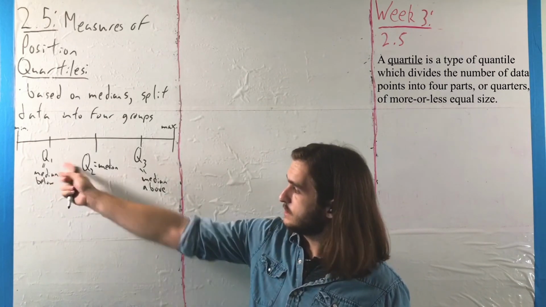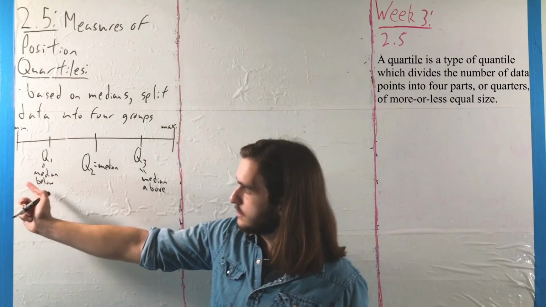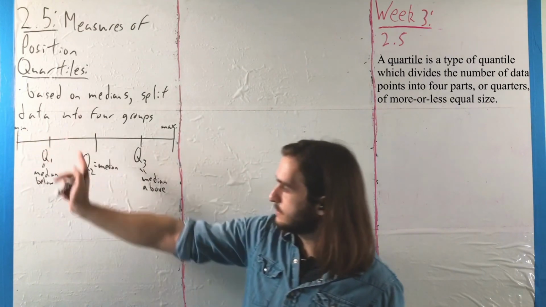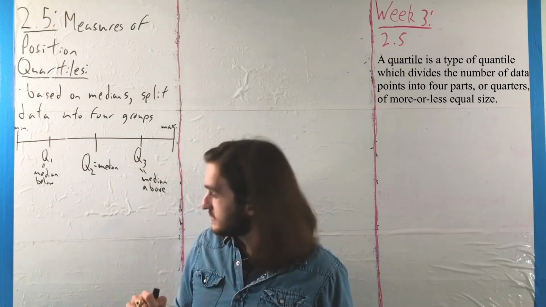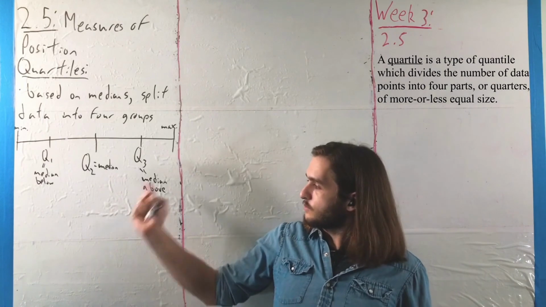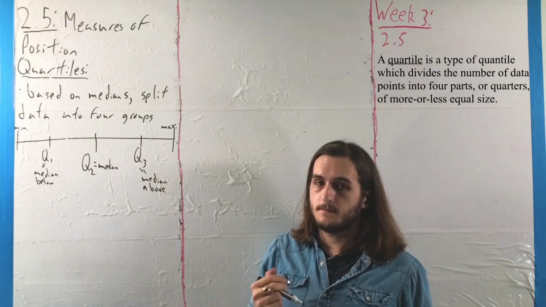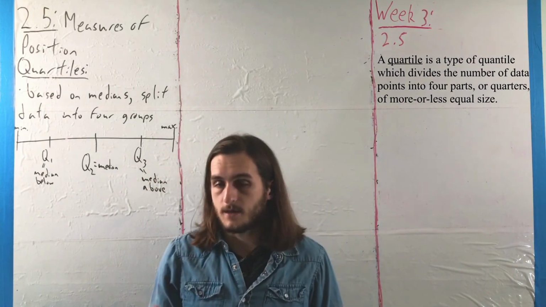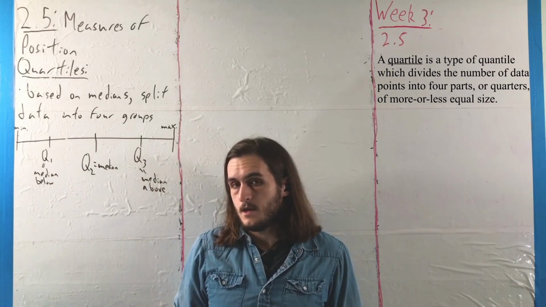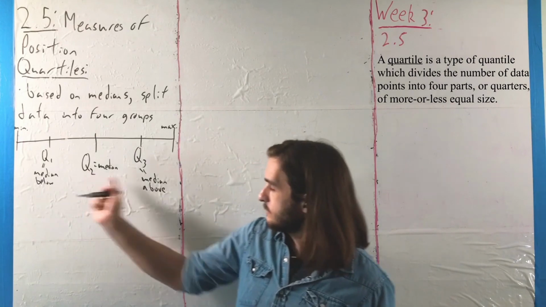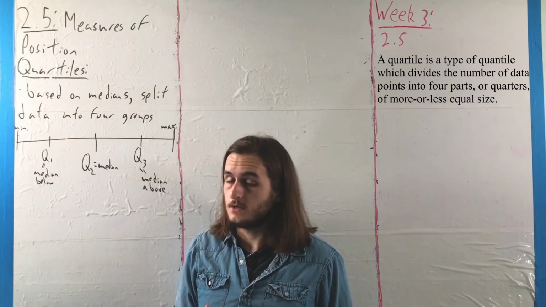And then from there, we get 2 other quartiles, Q1 and Q3, where Q1 is the median below the median. That is, it's the median of values between the minimum and Q2. So we can think of that as being like the 25th percentile, because 25% of data is below it. And then we get Q3, which is the median above, between the median itself and the maximum. We can think of that as being like the 75th percentile, because 75% of data is to the left of that. And with our 3 spacers, we've got 1, 2, 3, 4 groups that the data will fall into.